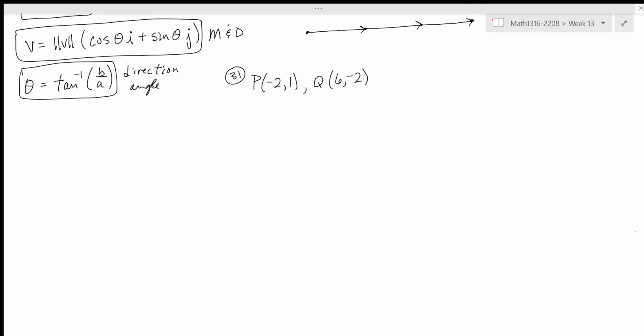So, since they said that P is the initial point, that means that this has to be x1, y1. You don't have a choice. The initial point has to be x1, y1, and that means that the terminal point has to be x2, y2.